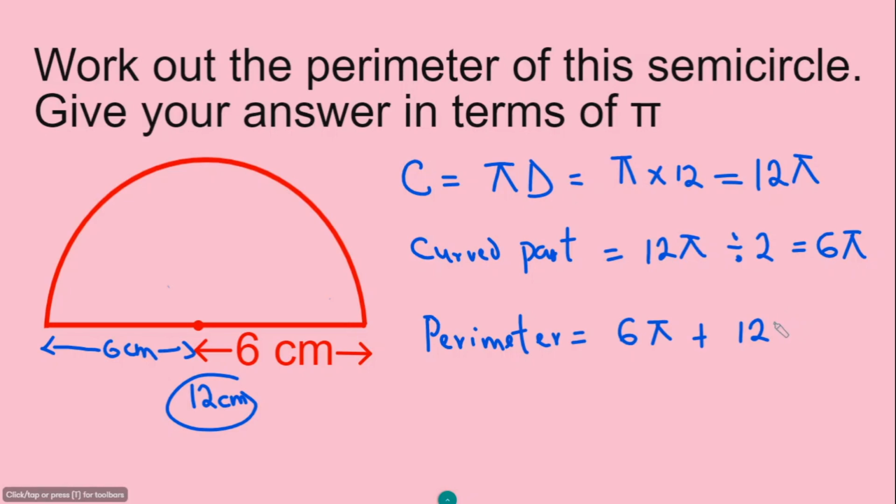Now this is about the answer. But if we really want to simplify this, we can factorize, and if factorized, we get 6 outside, with pi plus 2 inside. Of course, everything here is going to be in centimeters. So this becomes the perimeter of this semicircle.